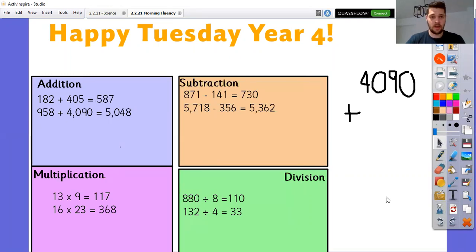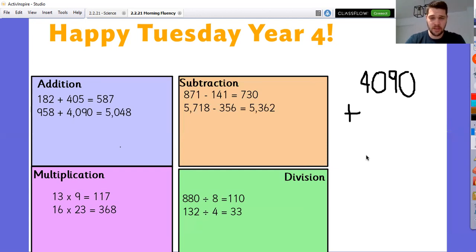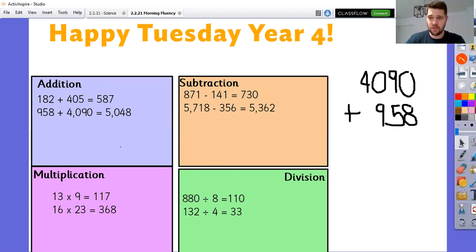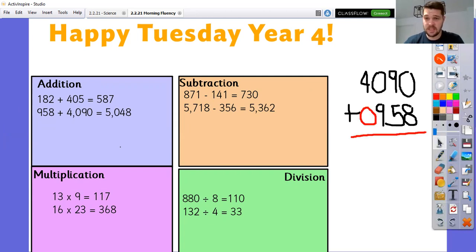So here are the answers for the 4 operations. Hopefully it auto marks, so I'm going to go straight ahead and move on to column addition. Even though I had 958 added to 4090, my bigger number is going to go on top. So 4090 plus 8 ones, 5 tens, and 9 hundreds. If you want to, you can also put a placeholder of a 0 in just to make it a bit easier visually for you.